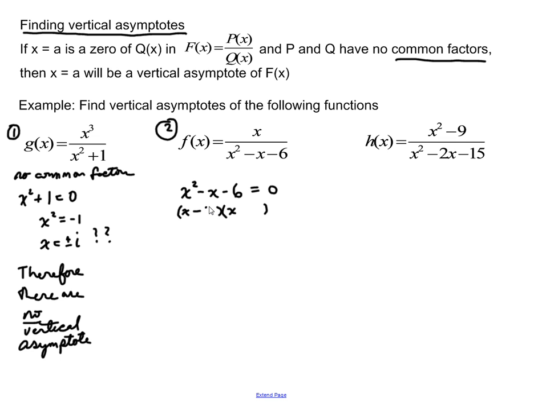That turns out to be negative 3 and positive 2. And so we end up with x minus 3 equals 0 at x equals 3, and x plus 2 is equal to 0 at x equals negative 2. So our vertical asymptotes are those vertical lines.